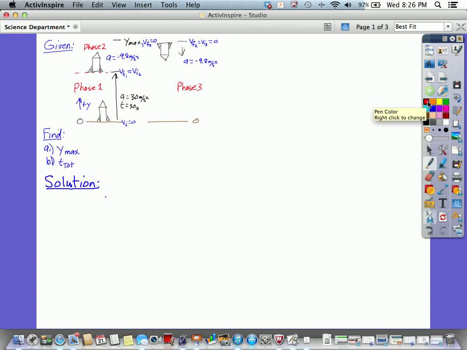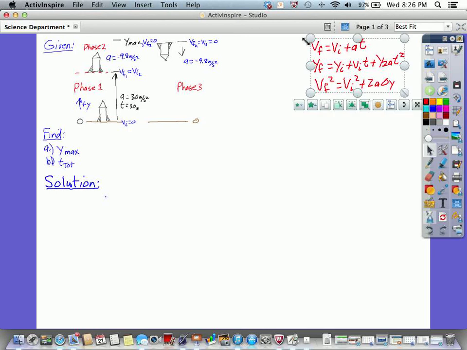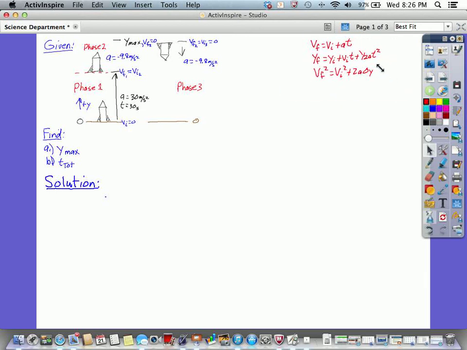So again, when we have constant acceleration, we have those equations that we can use to solve this particular special case.